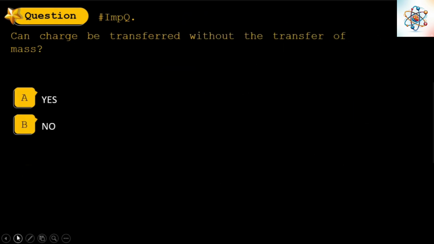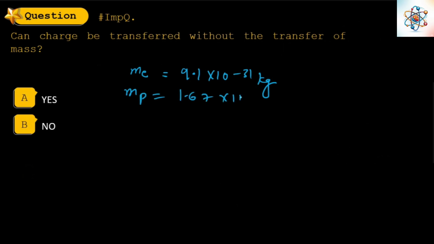Next, can charge be transferred without the transfer of mass? As we have seen in the last slide, the mass of an electron is 9.1 into 10 to the power minus 31 kg, and the mass of a proton is 1.67 into 10 to the power minus 26 kg. If charged particles possess mass, then when they get transferred from one object to another, mass must be transferring, because if an electron is going, it is carrying its mass.